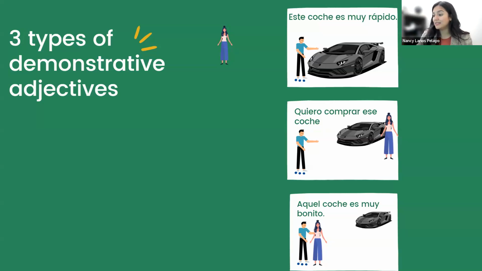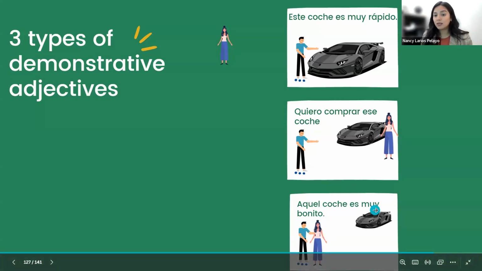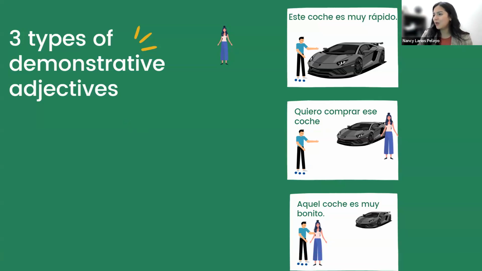Now, in our third example, tenemos aquel coche es muy bonito. Now, the speaker and the listener are both far away from the object. So if something is far away from you and the listener, then we would use aquel.